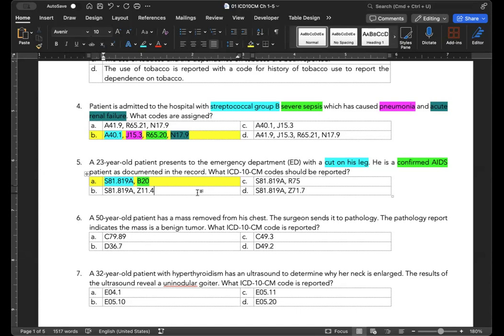Your subsequent encounter, or letter D, is going to be when they have completed active treatment and they are in the healing phase or the recovery phase. And then your S is going to be for your sequela, where it's like a late effect, or something that is present as the result of whatever the condition is that has healed.